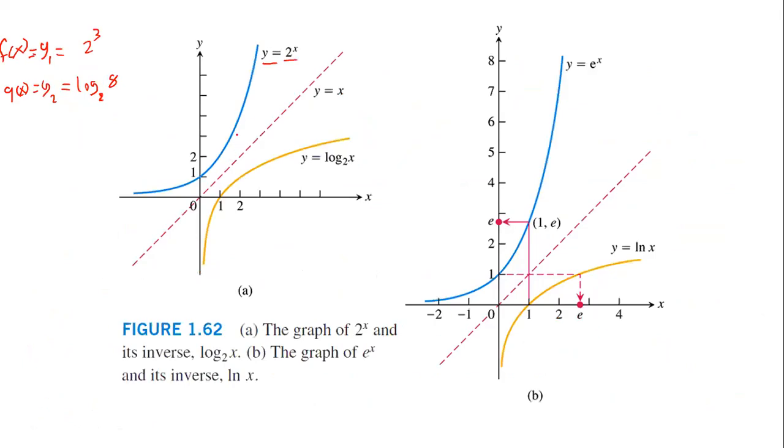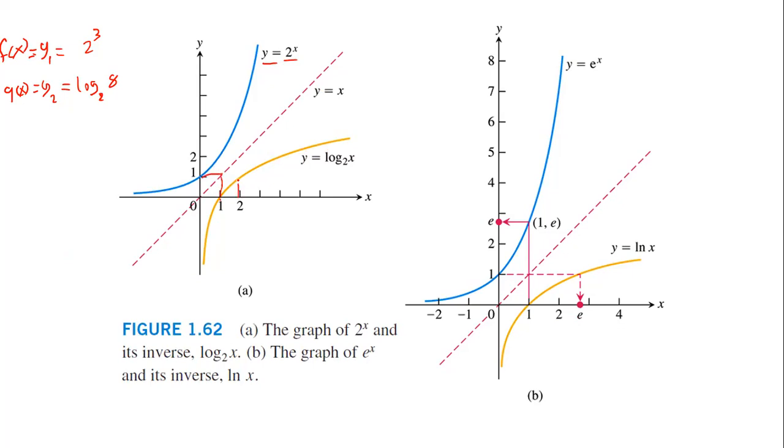These functions, they're not crossing each other. They don't cross. Not all functions cross each other. So with these functions, you can see that they have y equal to x as a mirror, but there are a few things. For example, when you have 1 on this function, you have 1 on this function.